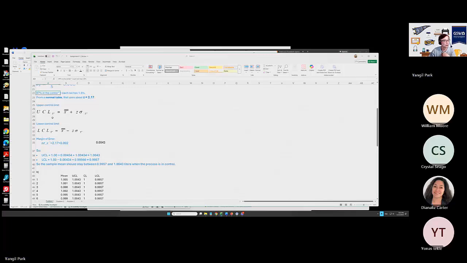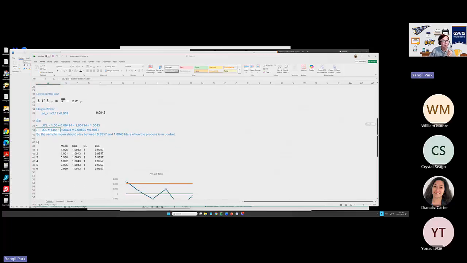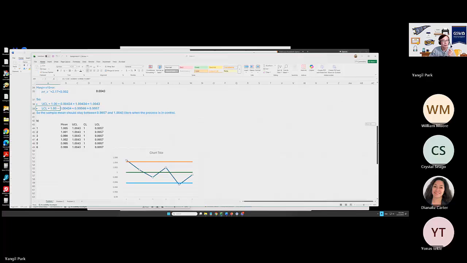I separated it a little bit to make it a little more complicated, but you can do it at once by plugging in, so that we have an upper limit and lower limit. So the upper limit is 1.00 and the lower limit is 0.9957. Okay, those are the limits at the 97% level.